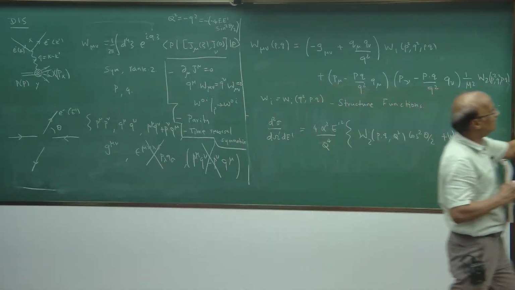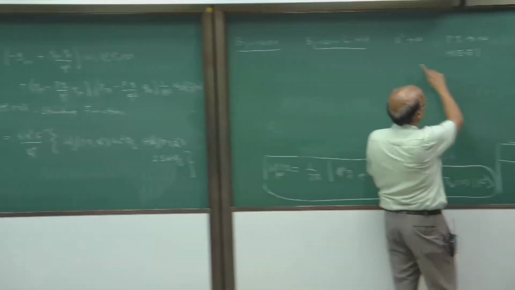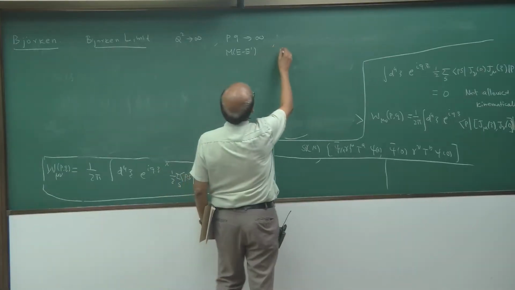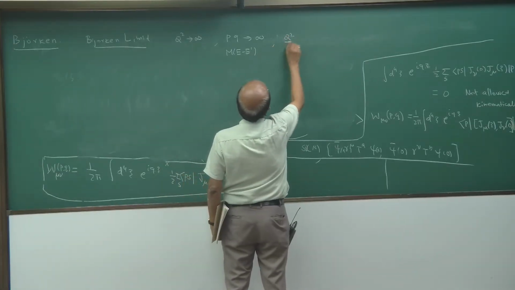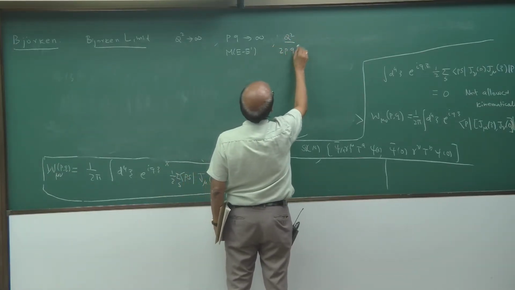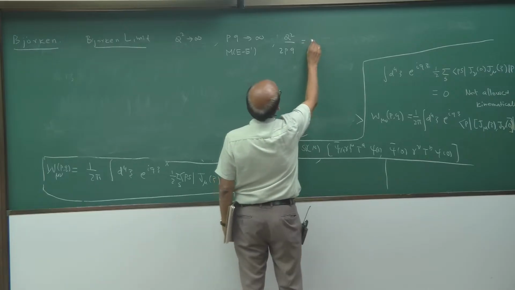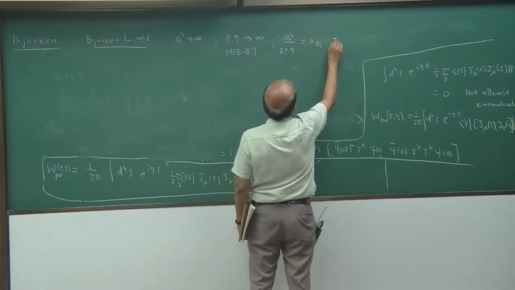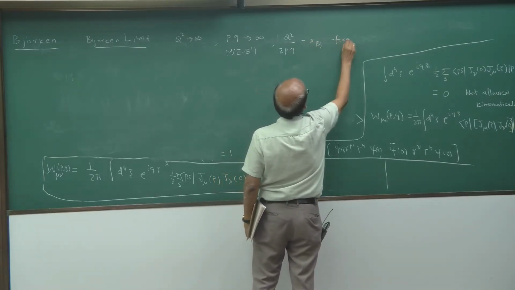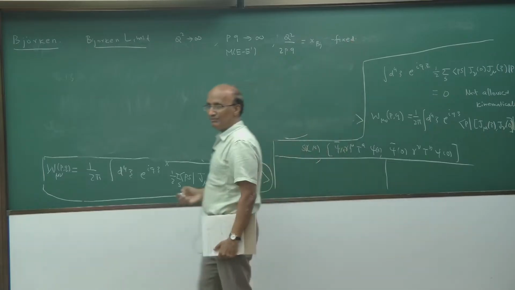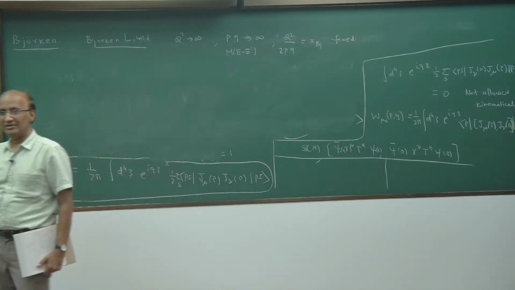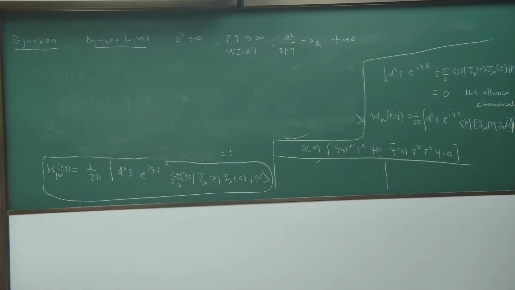Not only this, I assumed that the ratio of these two quantities, if I define this as xbj, is fixed. Meaning I don't independently take the limits of Q squared and P dot Q to very large values, but I take it in such a way that the ratio is always constant.